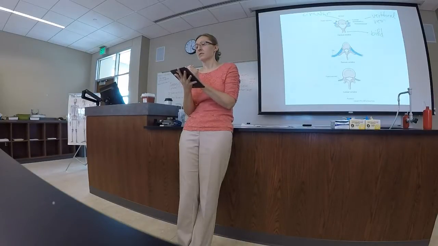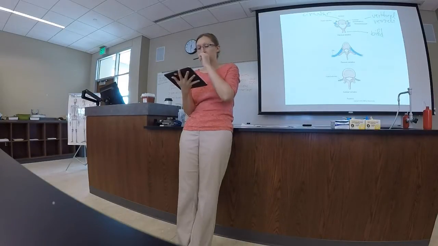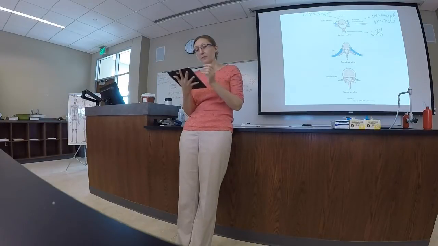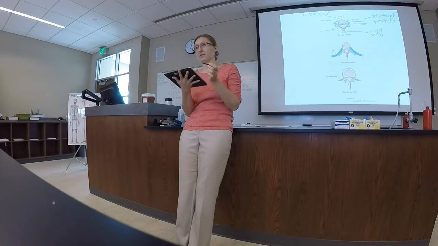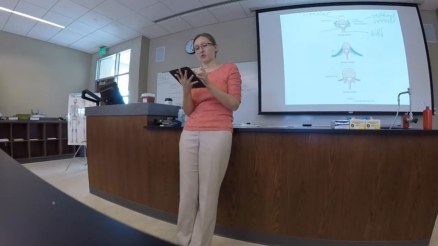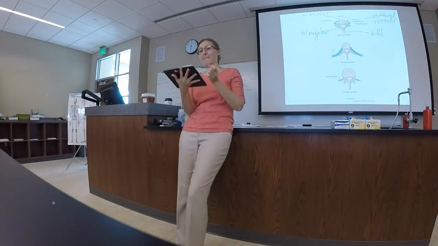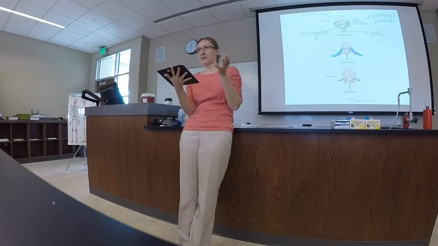They go right through that foramen. Another typical characteristic is the triangular shape of the vertebral arch. Okay, so those are the important aspects to know.